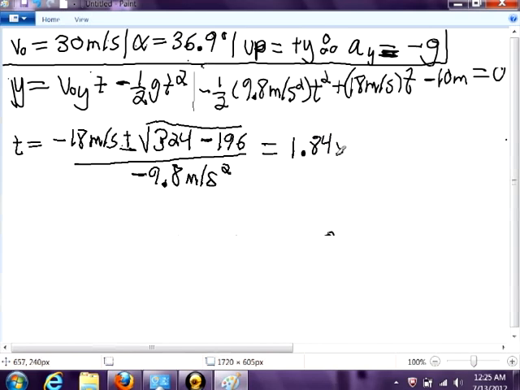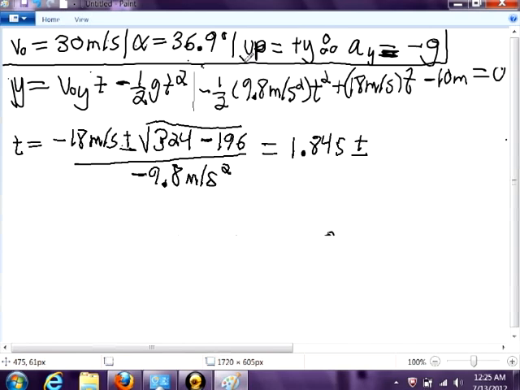It's positive 1.84 seconds, because negative divided by negative is positive, as you know, plus or minus. So what is the square root of 324 minus 196? That's what we need to know now. Let me think. 324 minus 196.